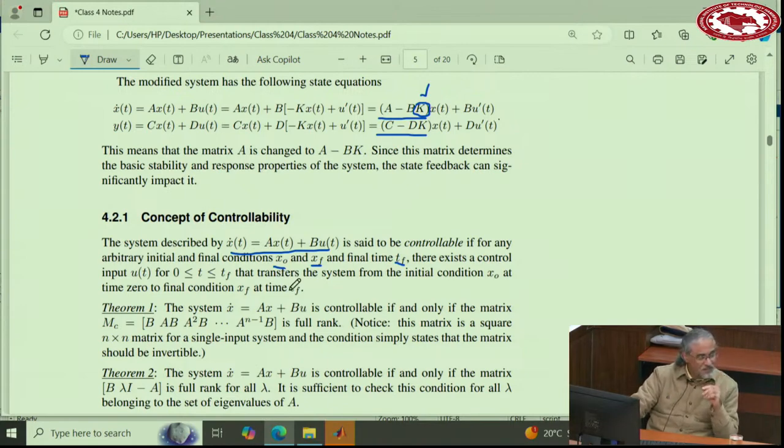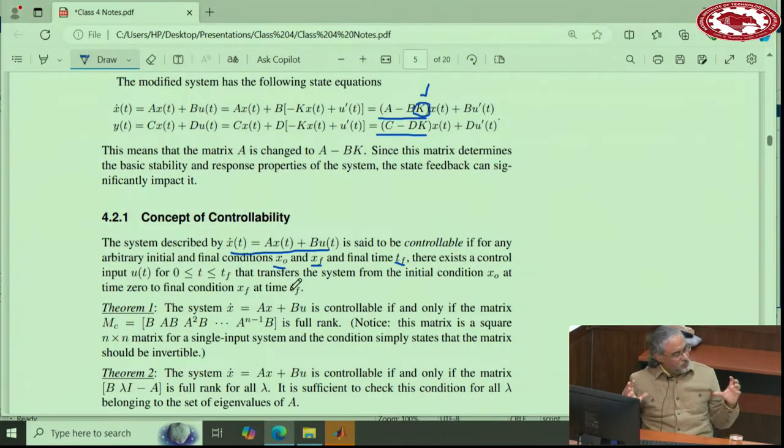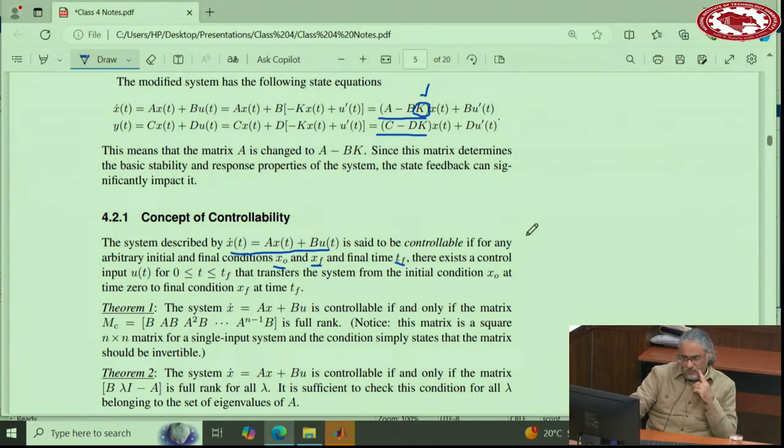That means any point in the space for the initial condition, any point in the space for the final condition, you can find an input that transfers one to the other within time tf. That's a very strong definition, right? It means basically you can move the variables of the system to any arbitrary locations that you want. So that is the definition of controllability.